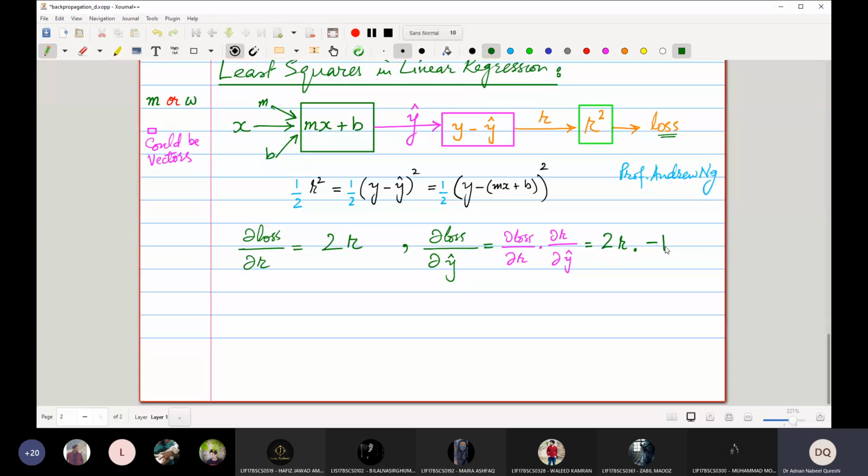Okay, so we get -1, and then we have to see the contribution of this because of the m and the b.